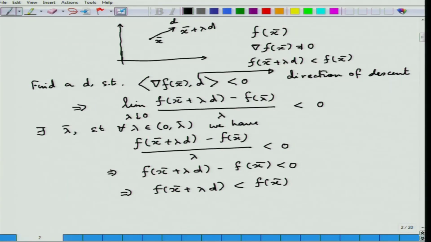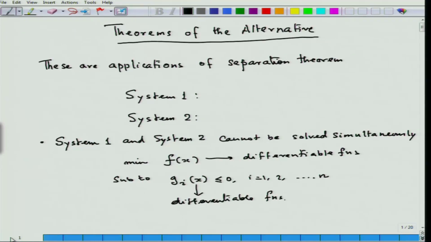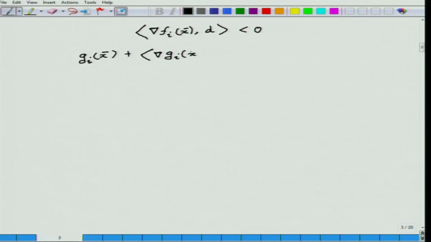Now, if I am considering this problem where I have constraints, then what I can show is the following: if I consider this system, sorry, I made a mistake.